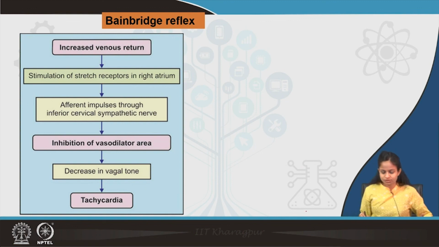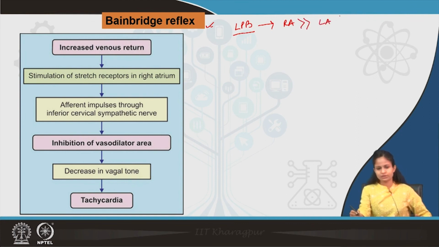Now, coming to the Bainbridge reflex, as I told you, the Bainbridge reflex is mainly done by the low pressure receptors. The baroreceptors are the high pressure receptors. The low pressure receptors are the other cardiopulmonary receptors. These low pressure receptors are usually present at the level of right atrium, more at the level of right atrium compared to left atrium, pulmonary artery, and also mainly at the venoatrial junction.